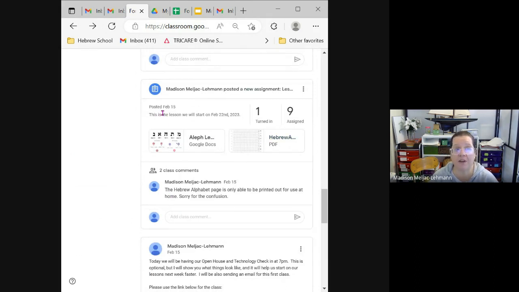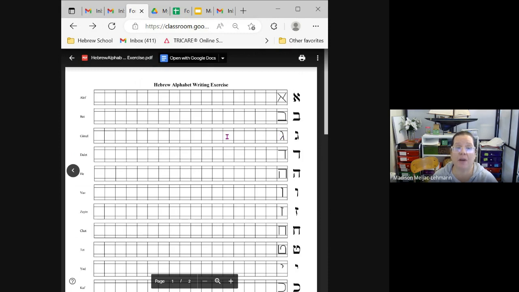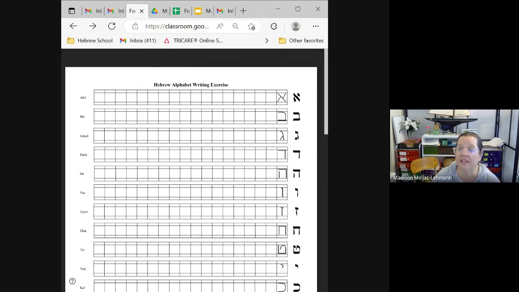Down here on the February 15th post, you'll notice there's a PDF here called Hebrew Alef-Bet writing exercise. I encourage you to practice Hebrew writing in one of 2 ways. There is a Hebrew app on iOS and Android, and it is free, and it's called Write It Hebrew.